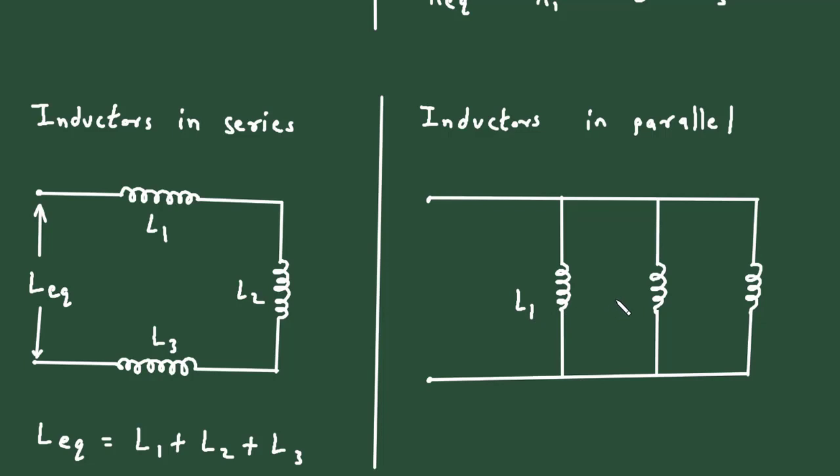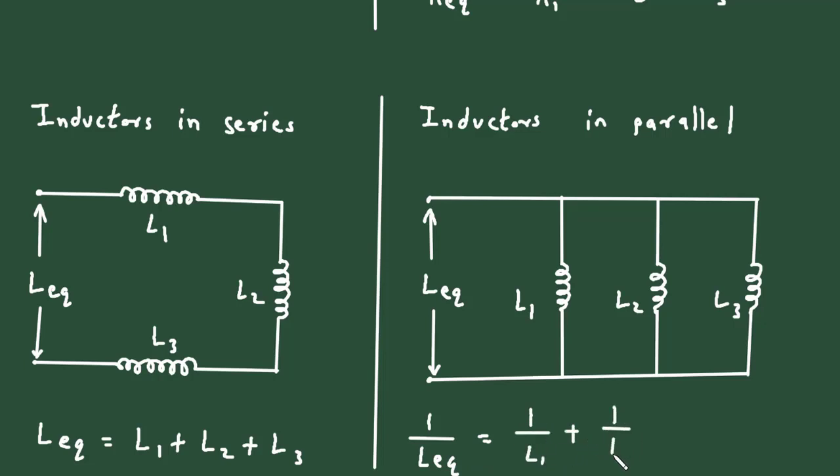Let's say this is L1, L2 and L3. This is Leq. So its equivalent inductance will be 1 upon Leq is equal to 1 upon L1 plus 1 upon L2 plus 1 upon L3.